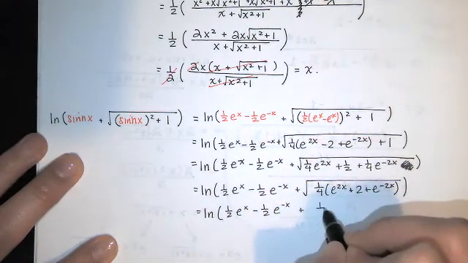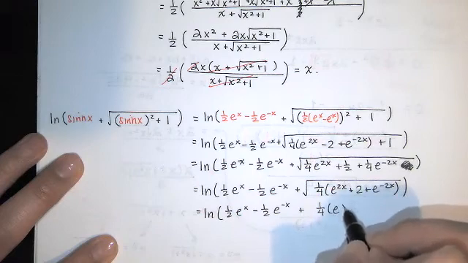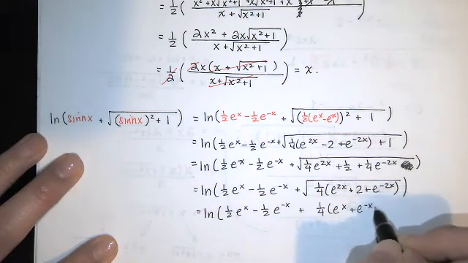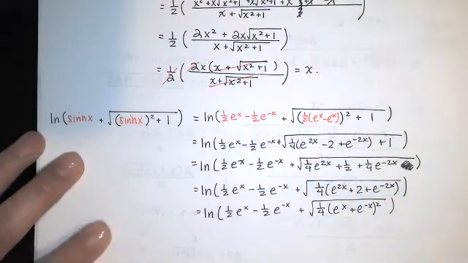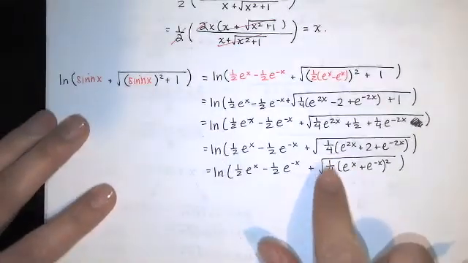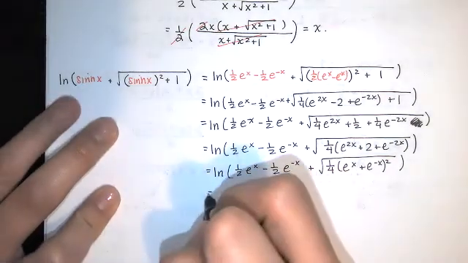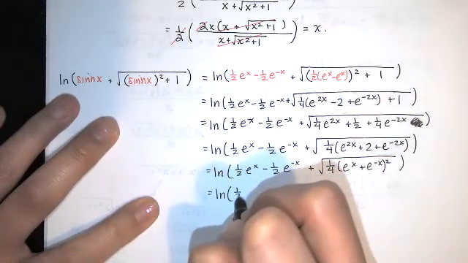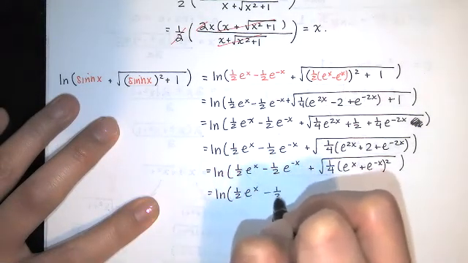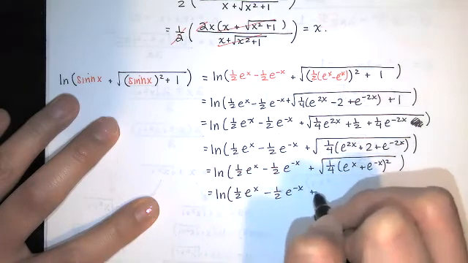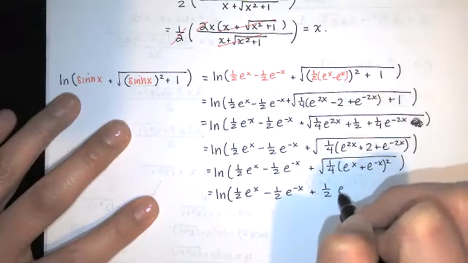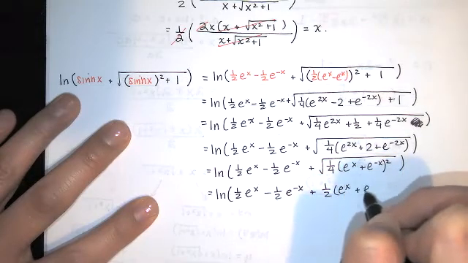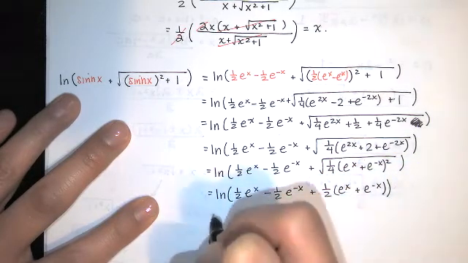And that is e to the x plus e to the negative x squared. Now I can take the square root of this factor and this factor. So the square root of the 1/4 is 1/2, and then I have an e to the x plus e to the negative x.